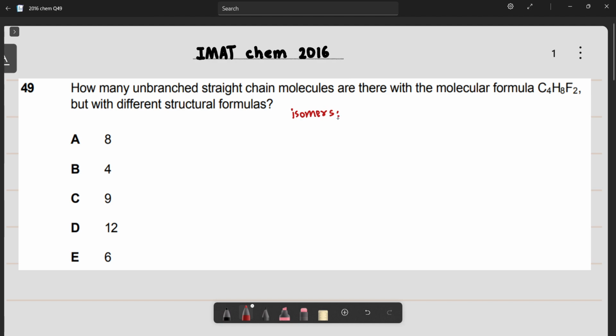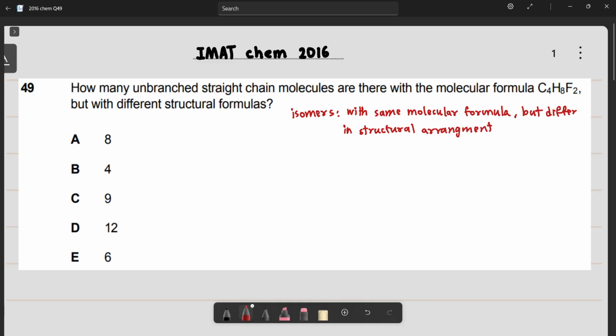So isomers are those with the same molecular formula, but differ in structural arrangement.